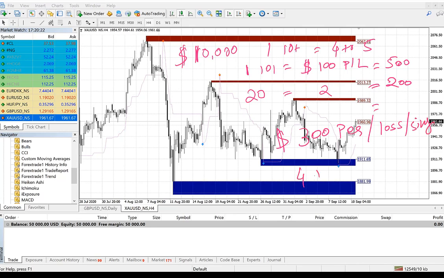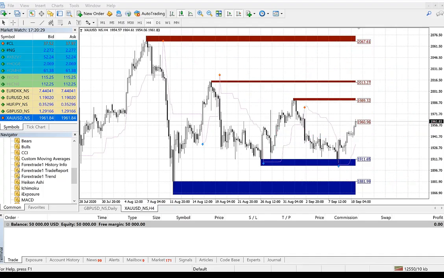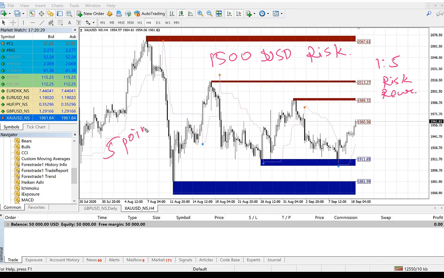So if you take 4 to 5, then it would be around 1500 USD risk. But against this 1500 USD risk, you get around profit. If you calculate the profit as per 1:5 risk reward, so if we keep 5 points of SL, then 25 points would be our minimum reward.